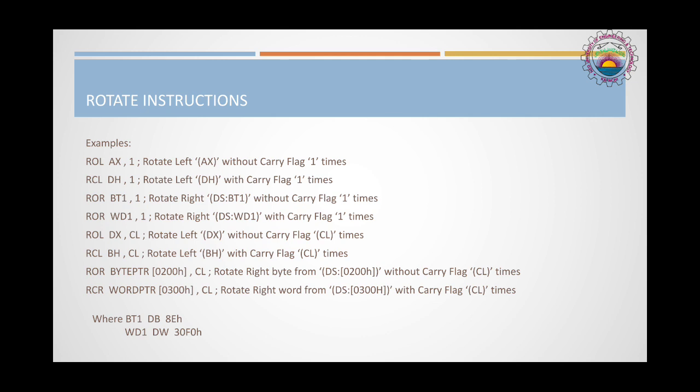Now RCR word ptr [300h], CL. So a word is fetched from offset 300 within the data segment, and that word will be rotated right with carry flag within the ALU, and the result of that rotation will be stored back to memory at offset 300h within the data segment. That is the complete operation for this instruction.